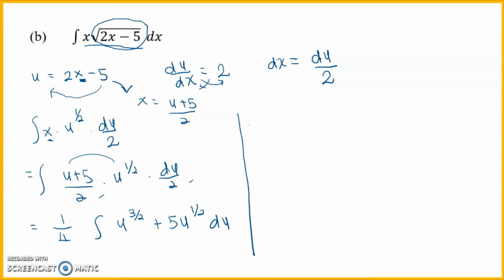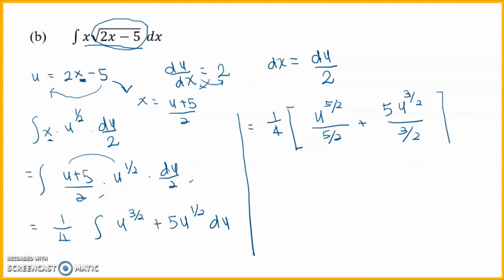Then we just continue to integrate this. Integrating u to the power of 3 over 2, I have u to the 5 over 2 divided by 5 over 2. And integrating u to the half, I have u to the 3 over 2 over 3 over 2, plus c.